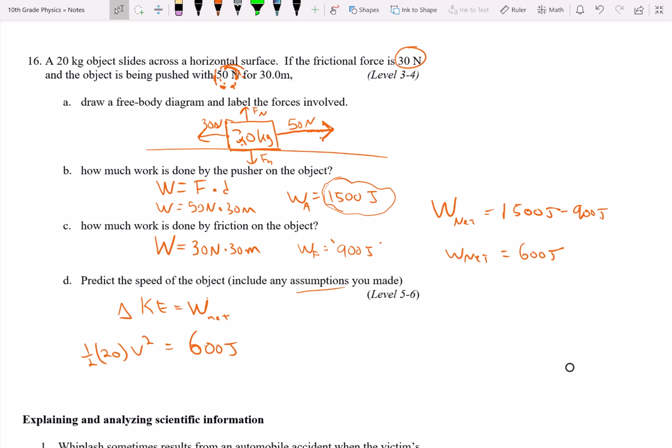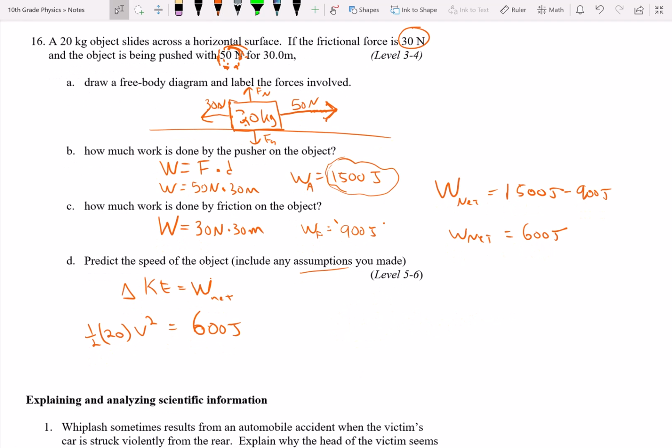You'd have to subtract 1/2 times 20 times 5 squared from your 1/2 times 20 times v squared, right? And so it's easier if this number is just 0, because then this whole thing just goes away and you're just left with that. So the change in kinetic energy is just 1/2 times 20 times velocity squared, because we're assuming it started at 0.